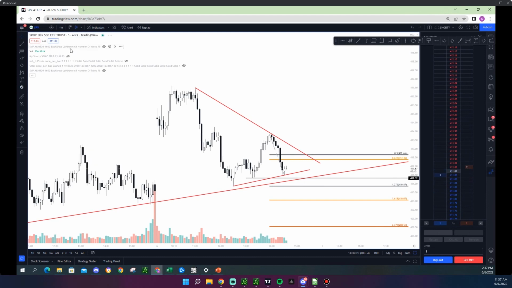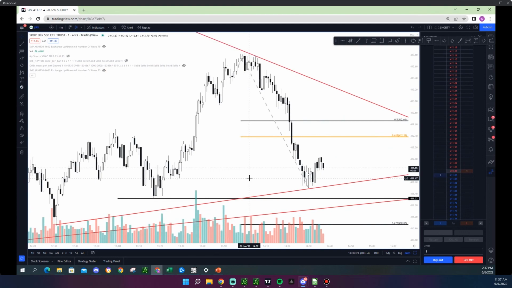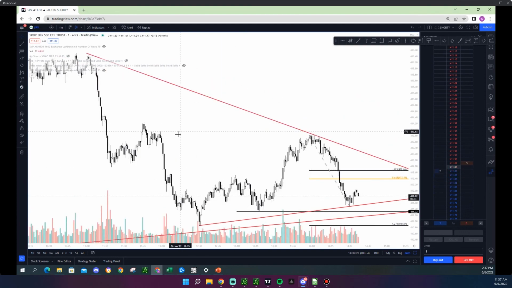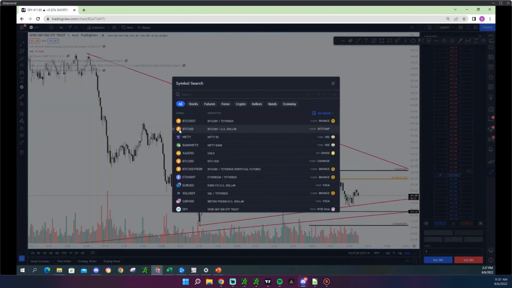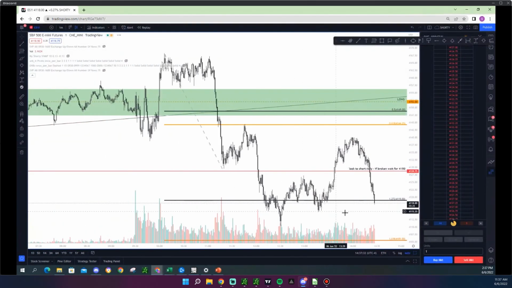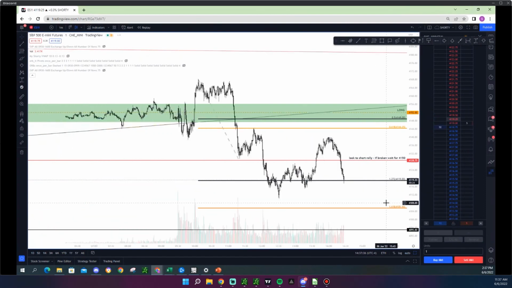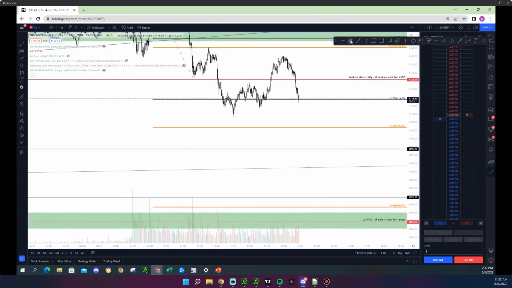I think this might be it for the end of the day here. There goes 48 ES. If it breaks this, then we know where it's headed. We're about to break this.